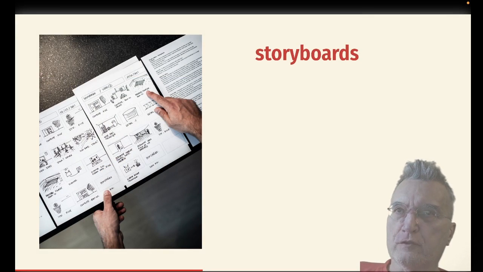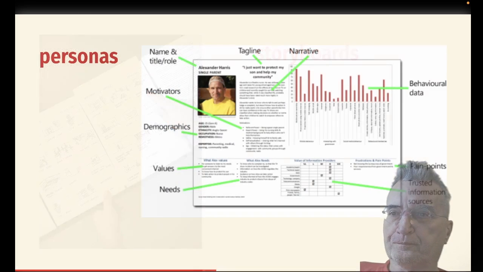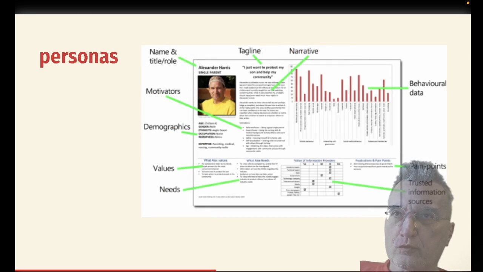Storyboards are again mainly used for users and design testers to figure out the context around the digital artifact, be it an app, a website, or a kiosk. Personas represent a particular user of our digital artifact, and they're meant to help answer questions of the form, what would, in this particular example, Alexander Harris think of this feature?